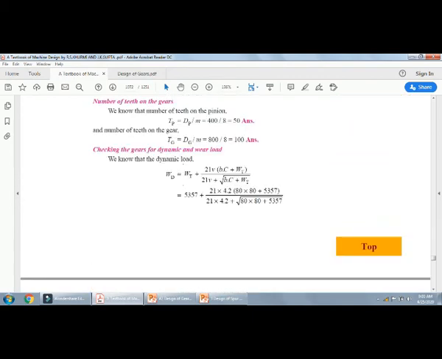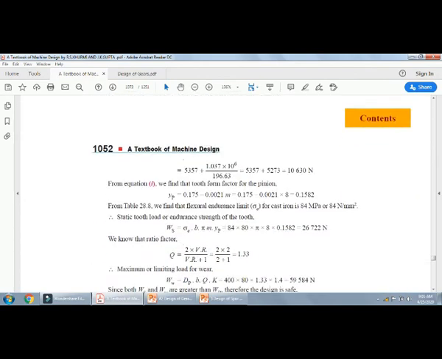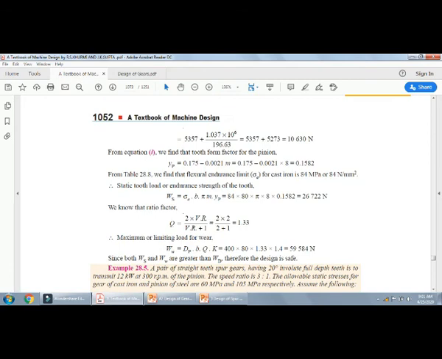So here, totally step by step, we have covered checking the gears for dynamic load. First, how to calculate the Q, because it is required in this statement. Then K factor is given as 1.4, B face width we have already calculated, and dP we have already calculated.